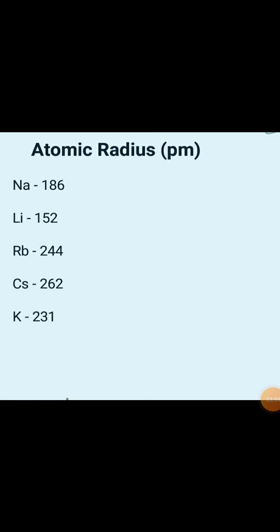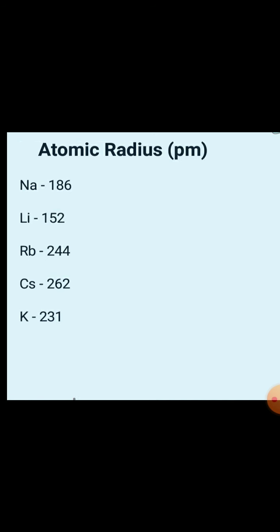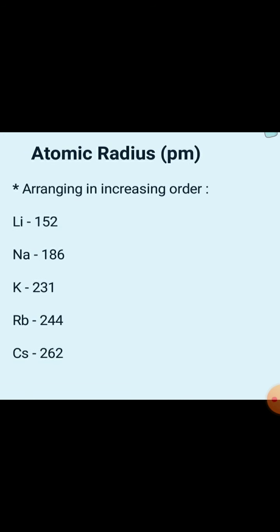Now let us study variations in the atomic radii in the group. Here are the atomic radii of the elements. They are of group 1 and they are not arranged. So when we arrange them in increasing order, we will get the numbers like this.